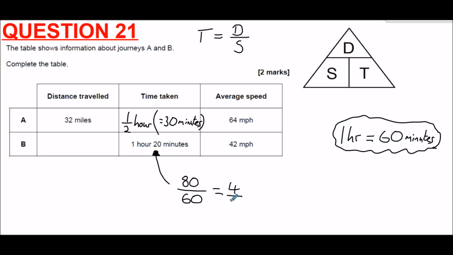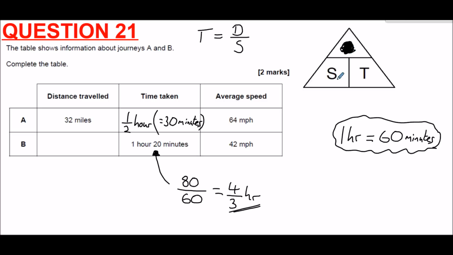So that's 4/3 of an hour. So then, as I say, using this magic triangle, we want to work out the distance travelled. We know the time and we know the average speed. So cover up distance and see what's left.